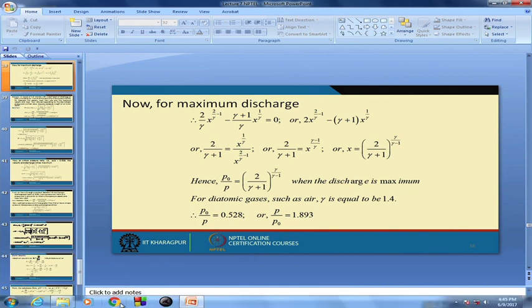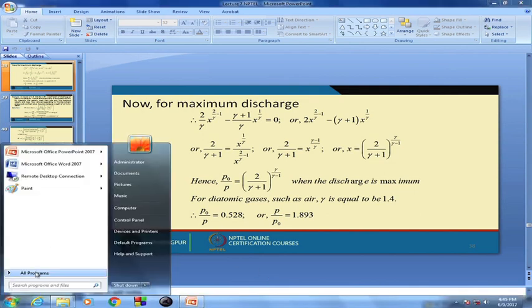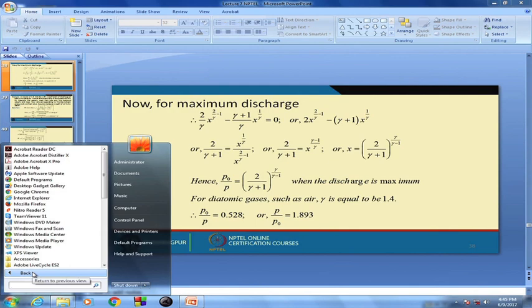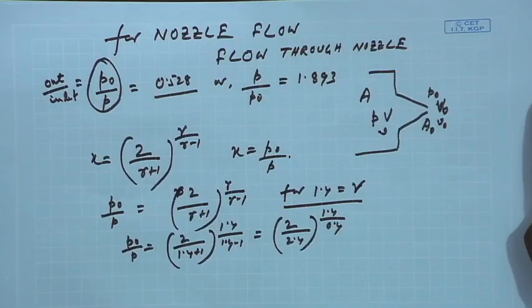We are not getting the calculator here. So okay, if we don't get it, you can also check that the calculator is like that. Okay, in the accessories the calculator is there, and we can fix it up.